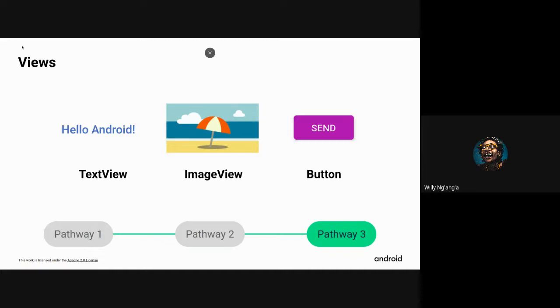So views include what? As I said, there is text, there is images, there are buttons, whatever, for example, you see in an Android application, more or less, they are just views inside a container, as we have said, which is a layout.